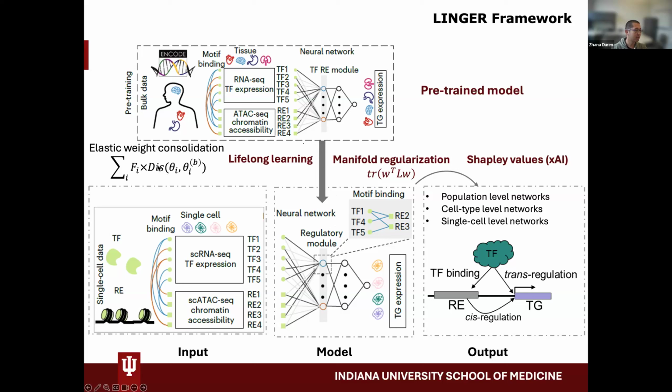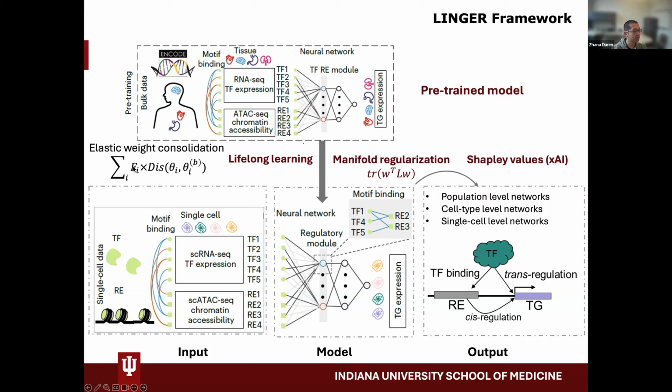If some parameters' Fisher information is very low, that means even if you change the parameter a lot, it's not very sensitive to the results on the bulk data. So in this case, if changing the parameter gives a more decreased loss in single cell, this parameter will be changed. We add this elastic weight consolidation.